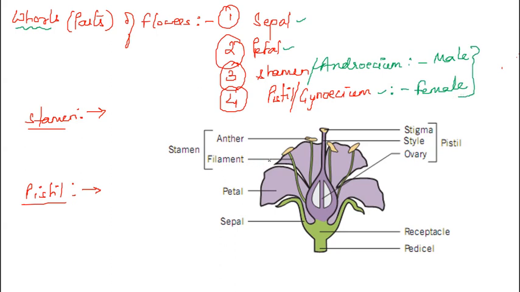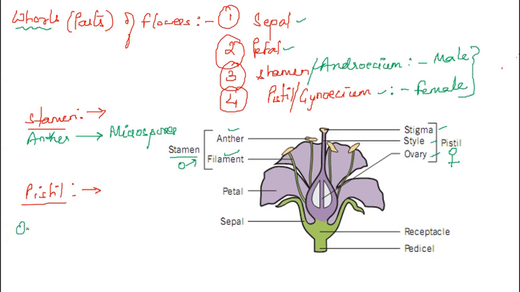Stamen consists of anther and filament. This anther is a spore producing organ. Anther produces the spores named microspores. Another reproductive organ is the female one. So anther is the male one and pistil is the female one. Pistil consists of three important parts: stigma, style, ovary.